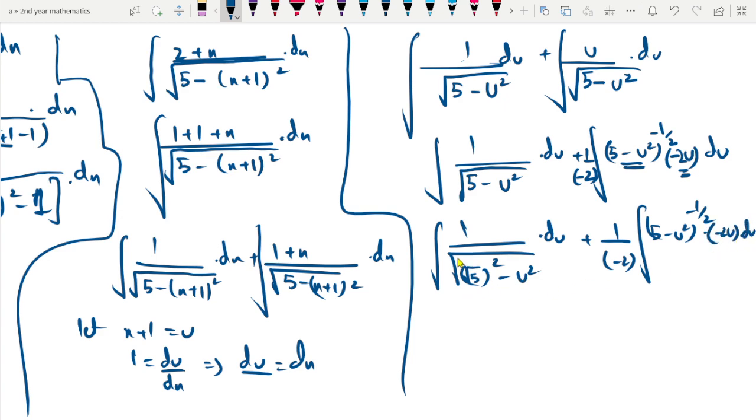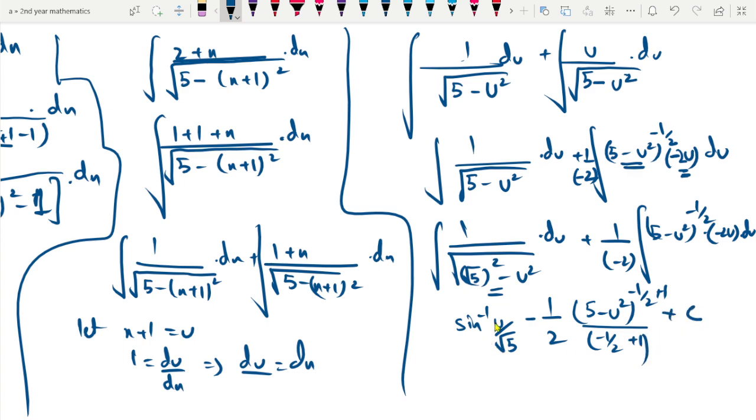So the integral of the first one is sine inverse of u divided by under root 5. And the integral of the second one is minus 1 by 2 times (5 minus u square) to the power minus 1 by 2 plus 1, divided by minus 1 by 2 plus 1, plus c. Now put the value of u, which is equal to x plus 1.